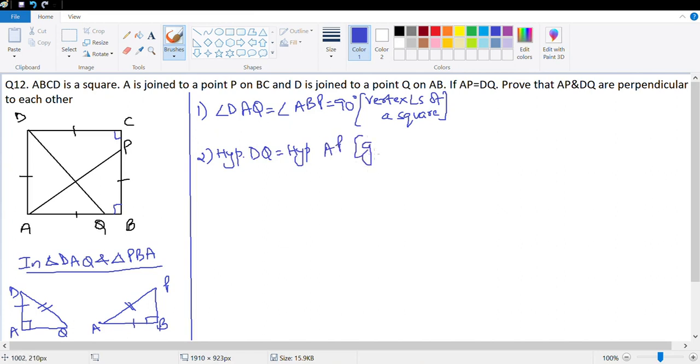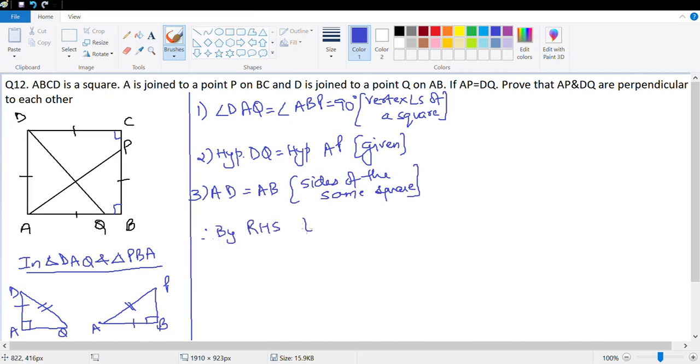This is given. And then the last is AD is equal to AB, sides of the same square. Done. Therefore, by RHS test, triangle ADQ is congruent to triangle BAP.